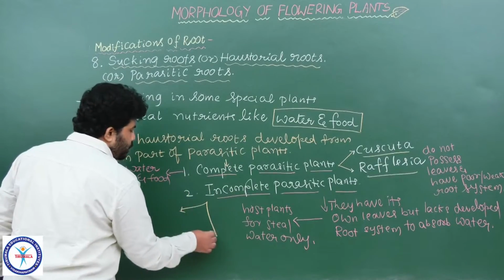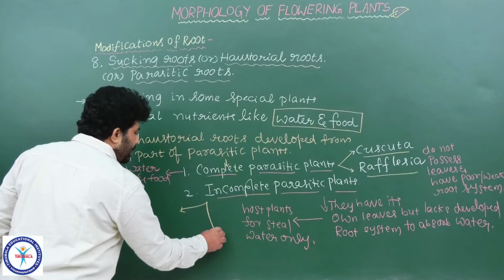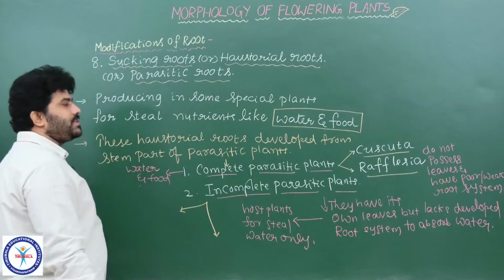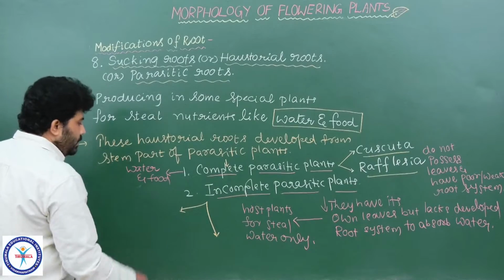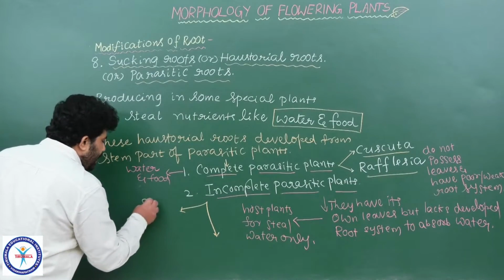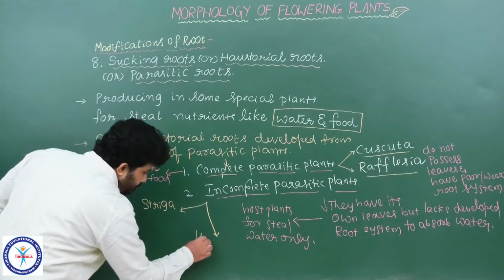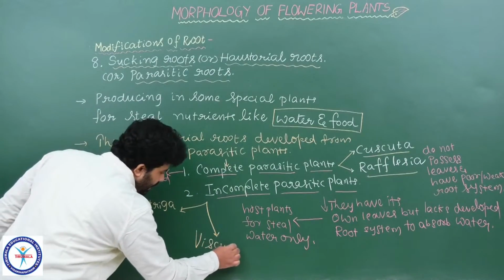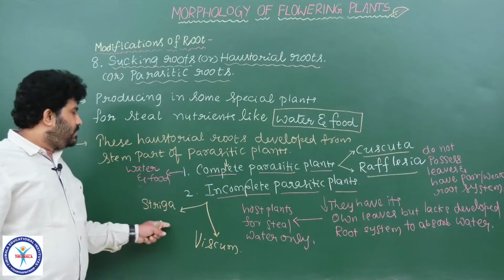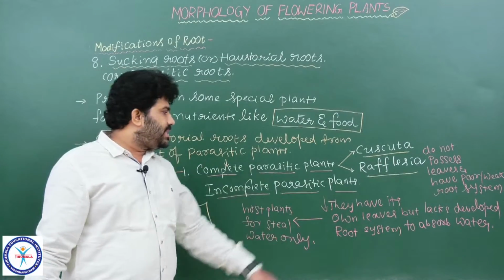Here also, remember two examples. Many examples are there, later we'll discuss, but two examples are needed to remember: Striga and Viscum. Striga and Viscum are the two plants which come under incomplete parasitic plants.